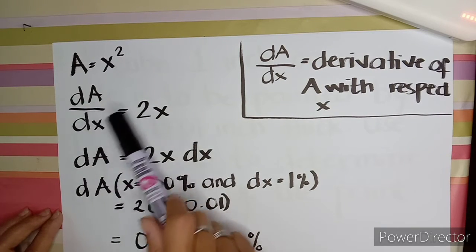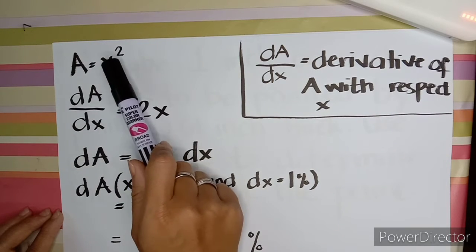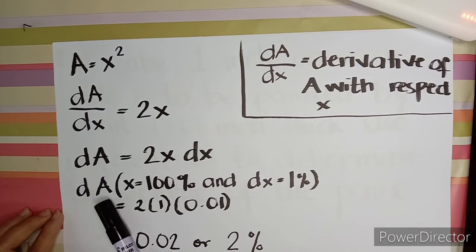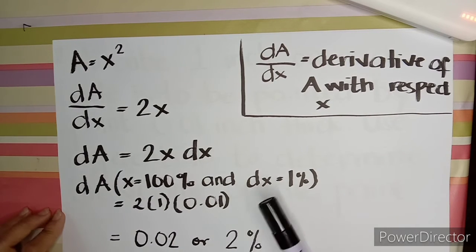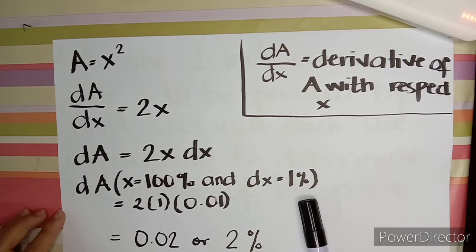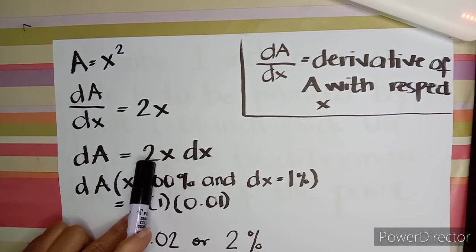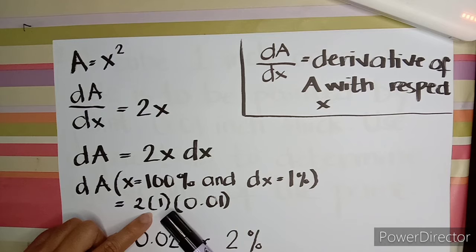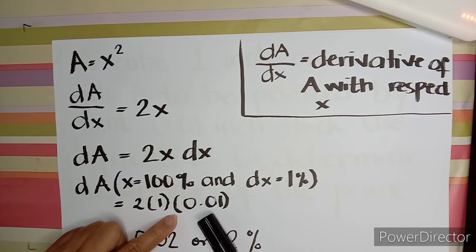Then the derivative of A with respect to x is equal to 2x. This 2x is the derivative of x squared. So dA is equal to 2x dx. For dA, our x is 100%, or equal to 1, and our dx is 1%, or 0.01.